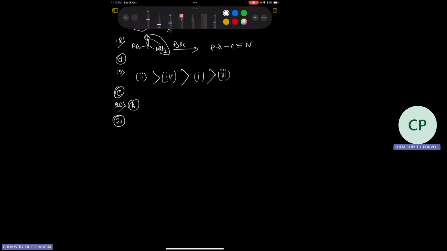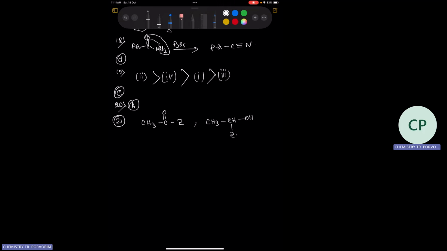Question number 21. How many of the following don't give the iodoform test? The iodoform test is given by a compound if the CH3COZ group is present, or we can say CH3CH(OH)Z, this group also shows the iodoform test.